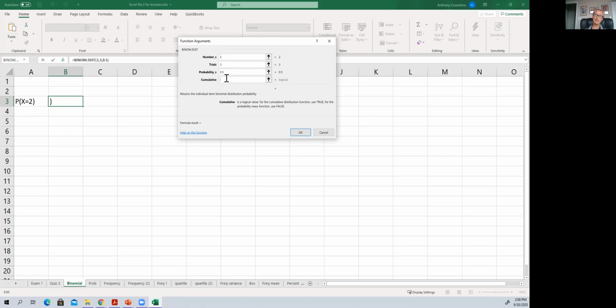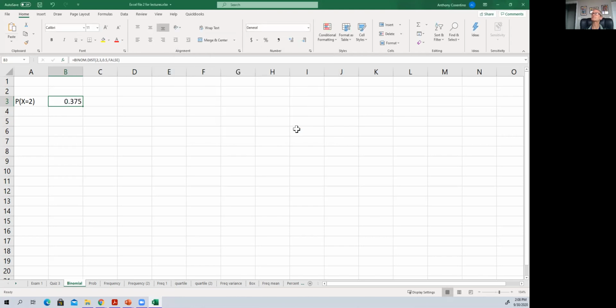And we'll talk about the differences between all of that as we move forward in this section. So in this case, it's an equal sign, so we type in false. And you can see we get the exact same number. And so your calculator has a binomial function built in as well. And so you could use that to find this exact same answer.